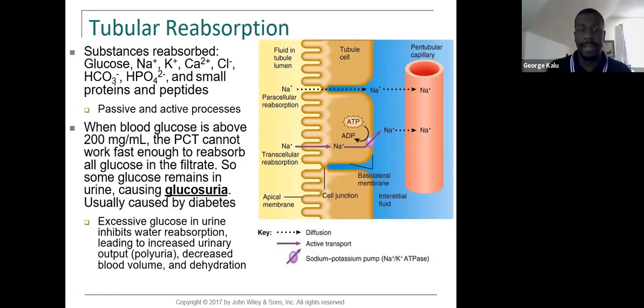That's one of the first signs of someone dealing with diabetes, is that they'll start to pee constantly, and in some cases they'll start wetting the bed pretty frequently, because they're producing so much urine because of this excessive glucose in their body. And so they end up with decreased blood volume because, again, they're not reabsorbing enough water, and then dehydration too. So that is reabsorption.